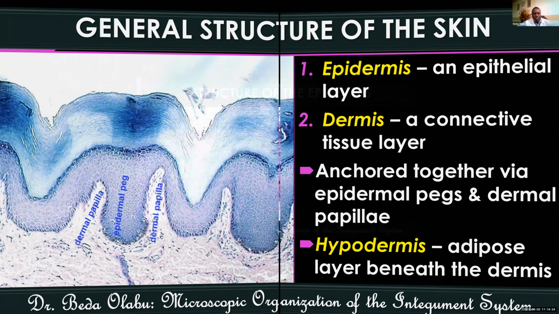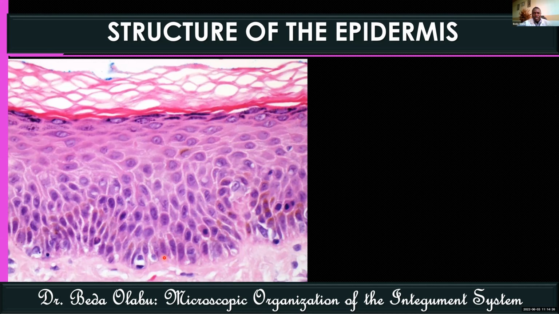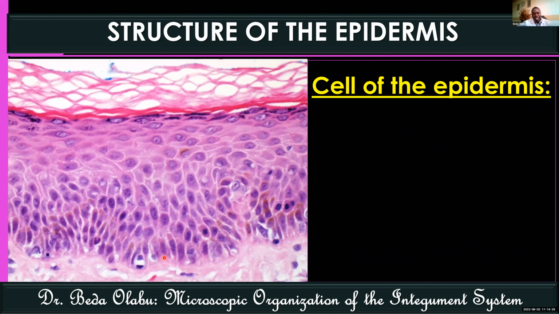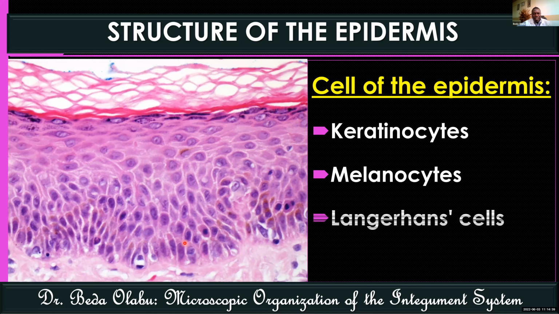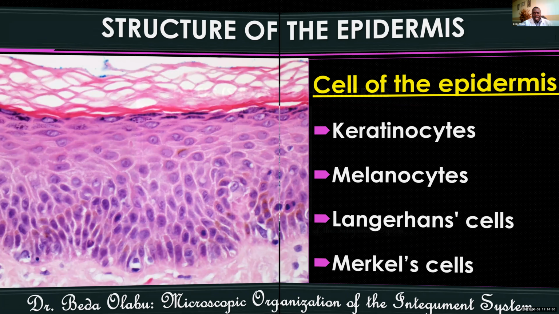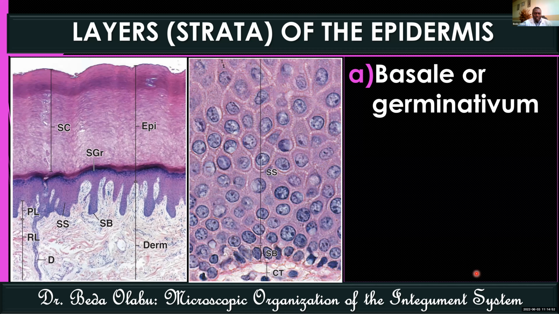In terms of the epidermis, there are a number of cell types. That stratified squamous keratinized epithelium has a number of cell types. Keratinocytes are the majority, but we also have melanocytes, Langerhans cells, and the Merkel cells of the skin, and I hope you do remember the functions of each of those cell types. The epidermis exists in layers.